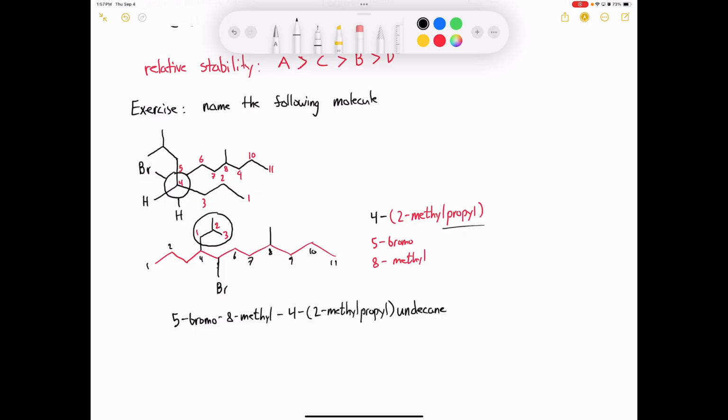Then we got not here. Honestly, we have two types of two branches.